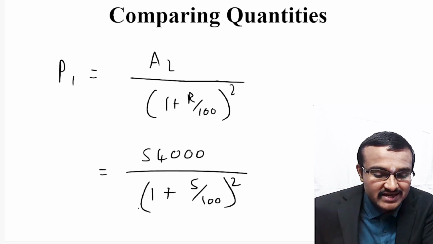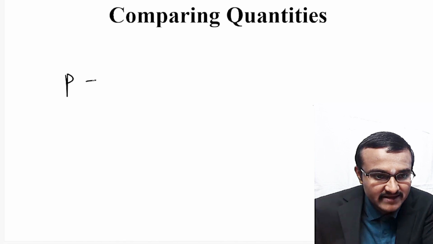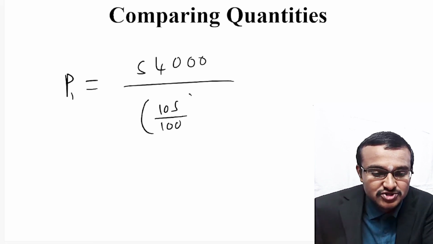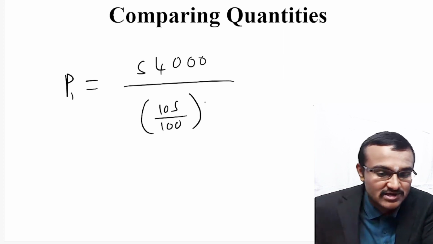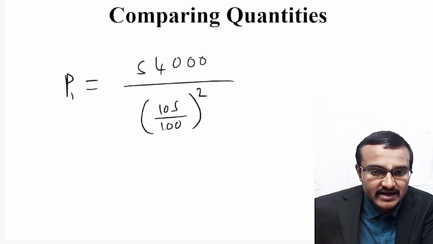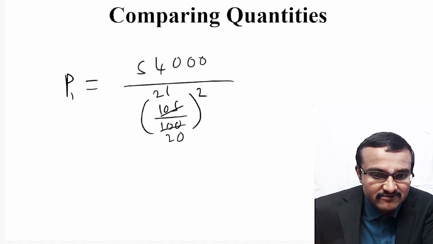Now you can easily calculate this. What is 1 plus 5 by 100? P1 is equal to 54,000 divided by 1 plus 5 by 100, which will be 105 by 100. You should take the LCM of the denominators and only then add. The square is there, so 105 divided by 100 whole square. Now you can easily solve this. 5 can go with 5: 5 twos are 10, 5 ones are 5.